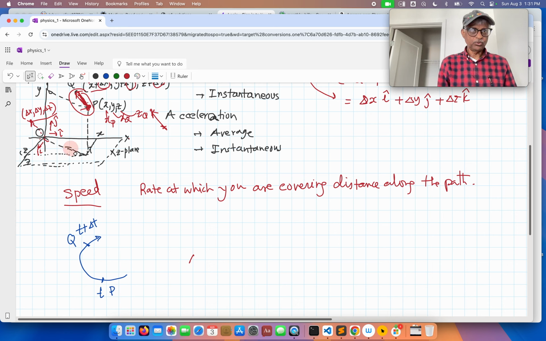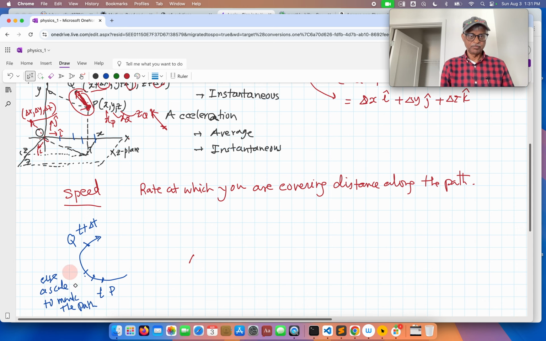You know what the ruler here is, right? Those are 1 meter rulers. So I'll go and put this 1 meter ruler. I'm going to use a scale to mark the path, which is the trajectory. I can say ink here.